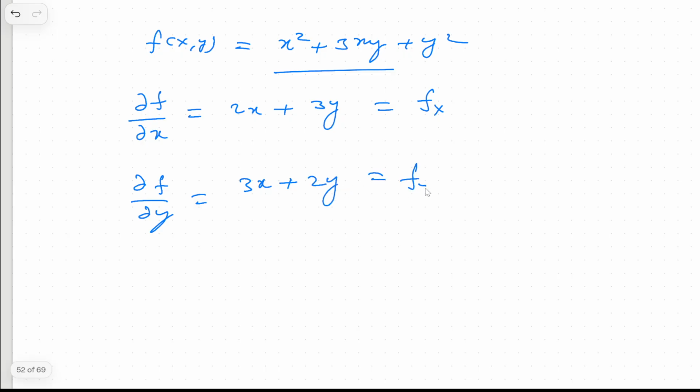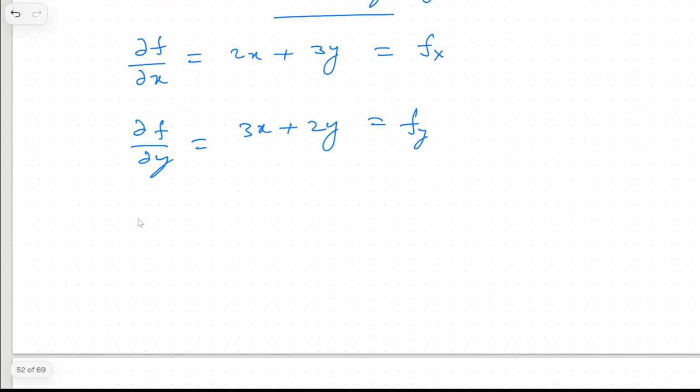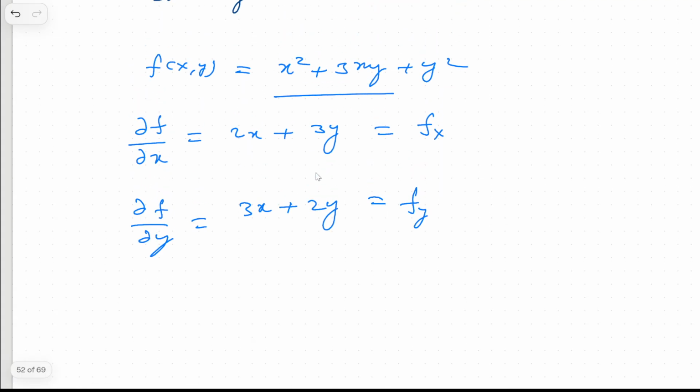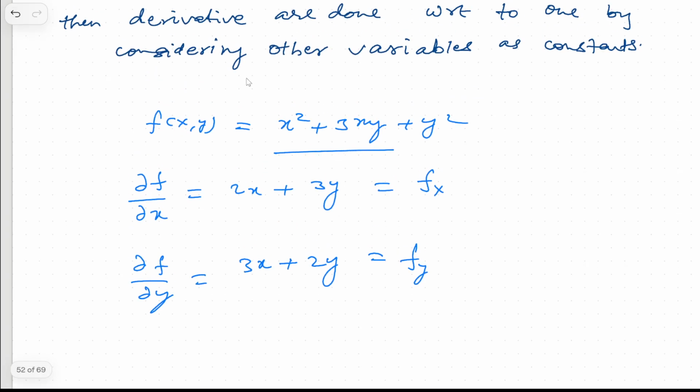This is called fy. In other words, we can write fy also, del f by del y or fy, both are fine. Similarly, when you go on for the second order derivative, that we will discuss later in this lesson. Okay, so this is how we calculate the derivatives of multivariable calculus.